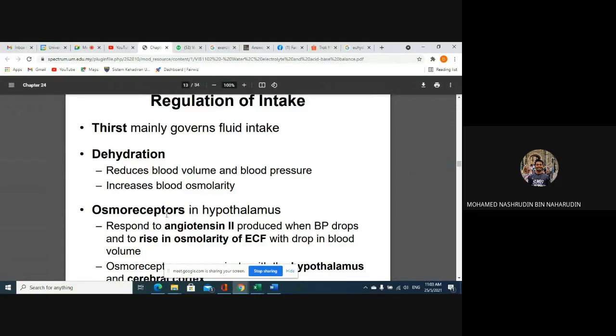It responds to angiotensin 2 produced when blood pressure drops, and a rise in osmolality of the extracellular fluids with a drop in volume. So the hypothalamus will detect the drop in blood pressure and the rise in osmolality.